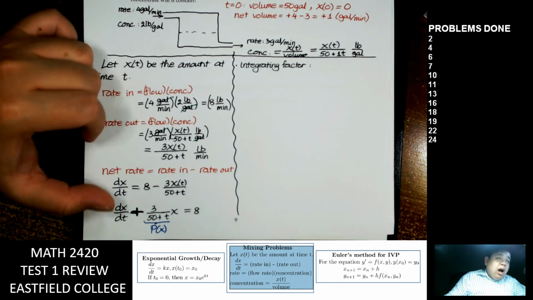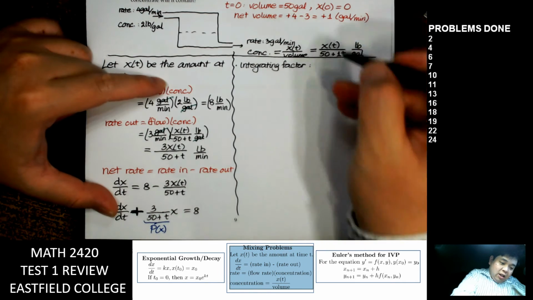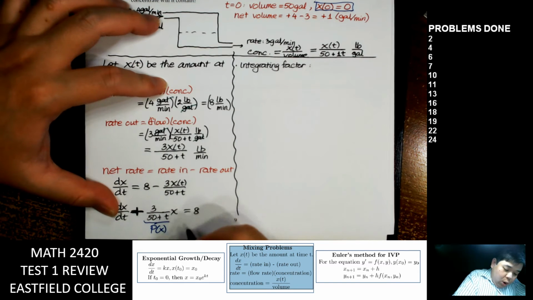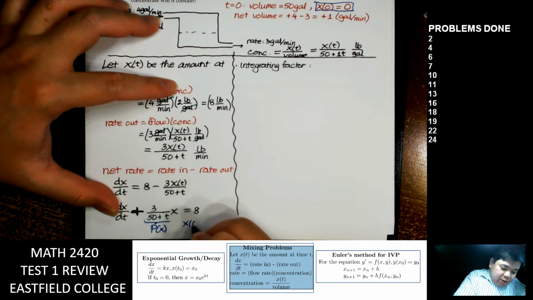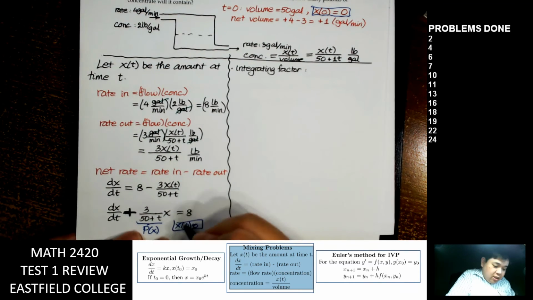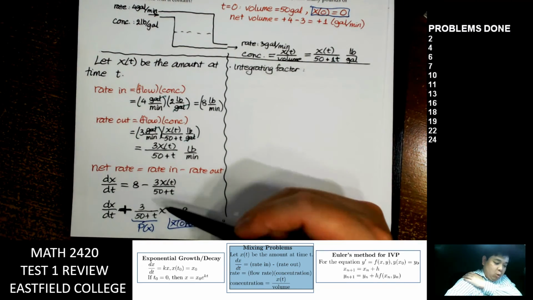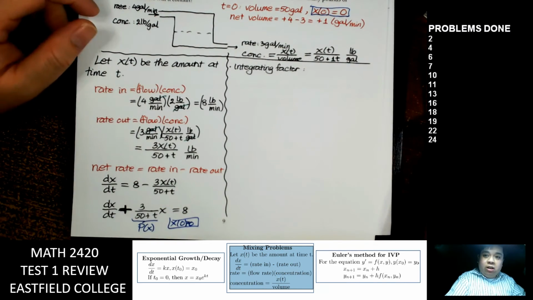By the way, when we have an equation like this, we also have the initial condition to go with it, so x of 0 equals 0. This problem has that initial condition. The problem should have the equation with the initial condition.